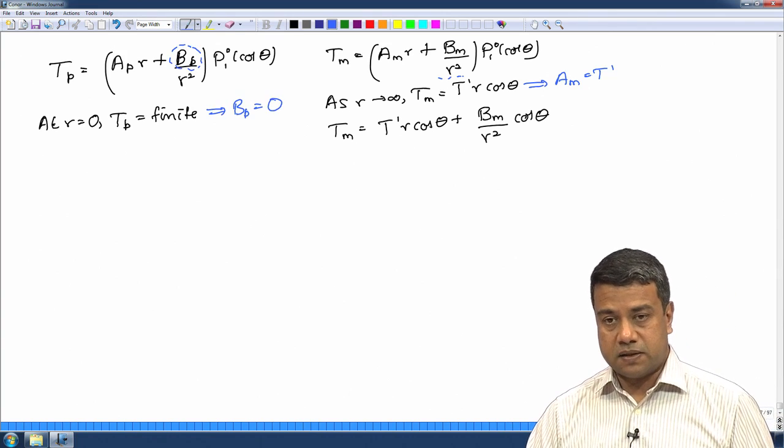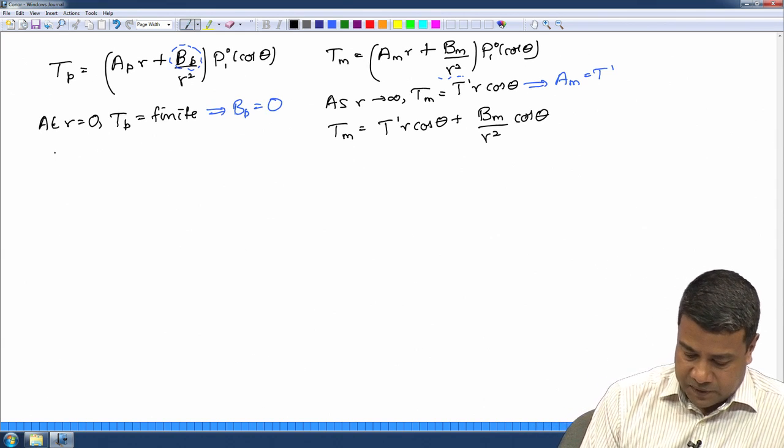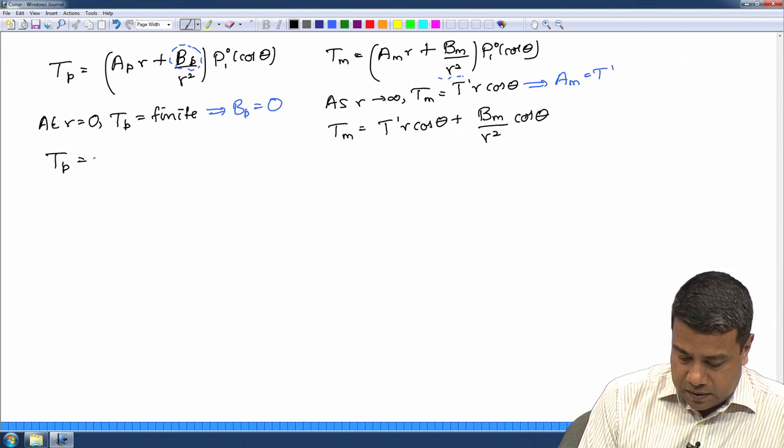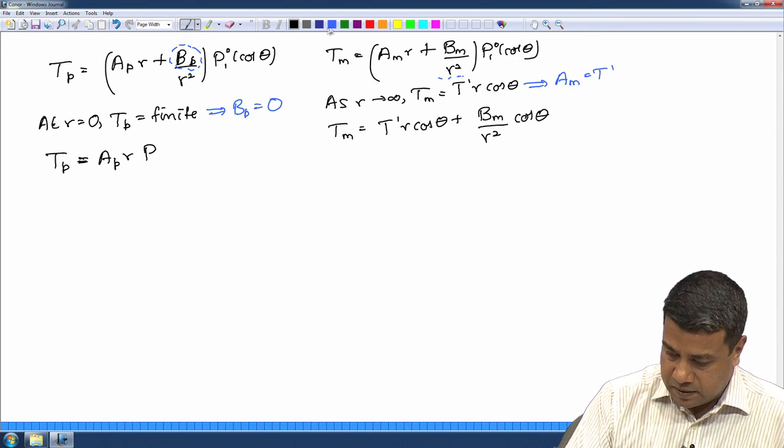Because you have B p by r square, and if B p were non-zero, then the temperature would go to infinity. Therefore, the temperature of the particle is just equal to A particle r times cos theta.